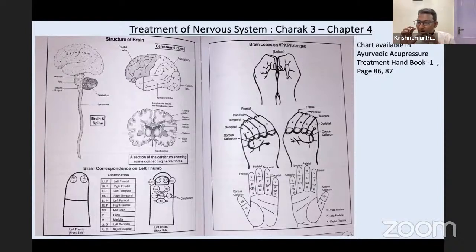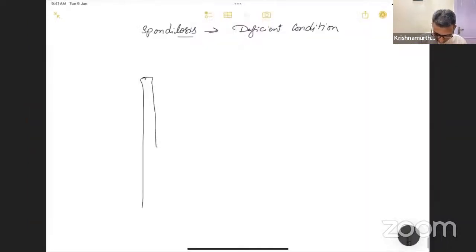So if I expand the spine, okay, let's say this is the spine.